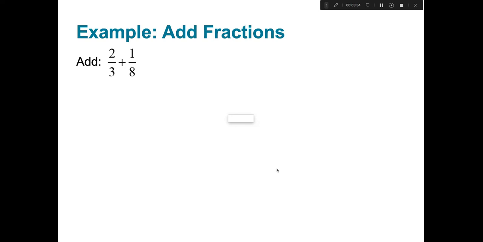Here's our next one. 2/3 plus 1/8. What can we use as a common denominator? What is our least common denominator? What can we use as a common denominator between 3 and 8?